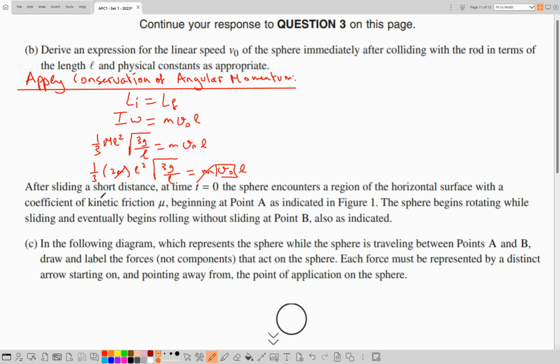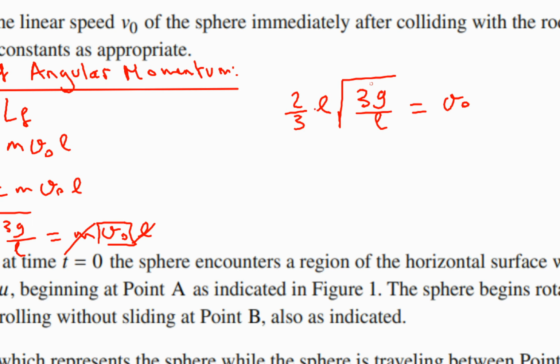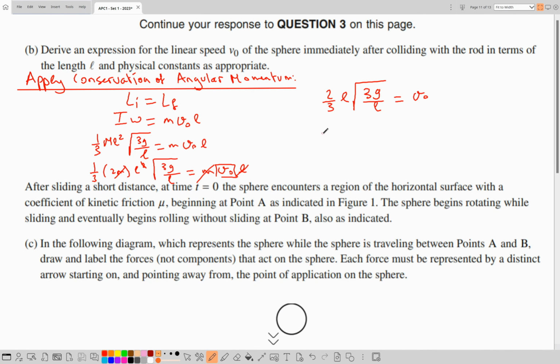Now m with m would cancel. Now the power of 2 and L would cancel, and we have 2/3 L, times the square root of 3g divided by L, equals v0. Now let's drag all of this inside the radical. Then 2 will be promoted to be 4, 3 will be promoted to be 9, L will be promoted to be L squared.